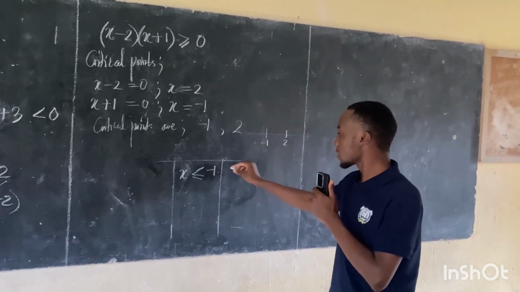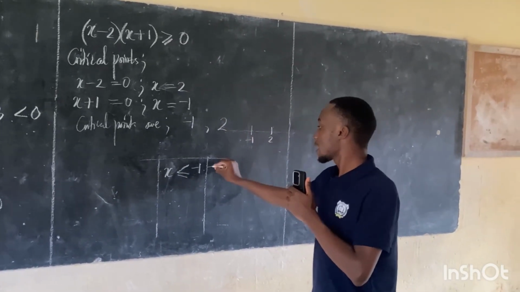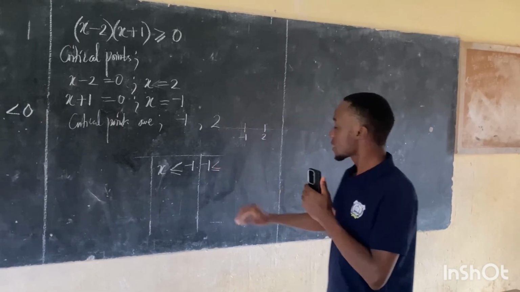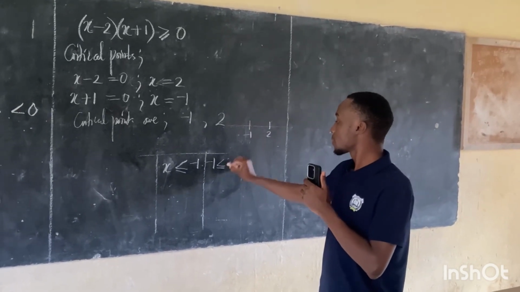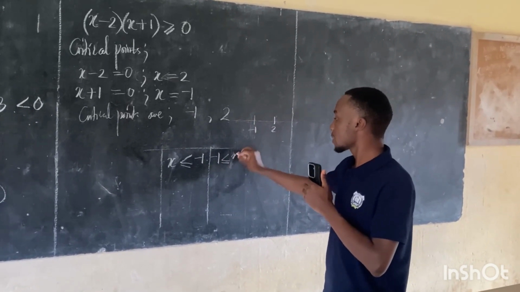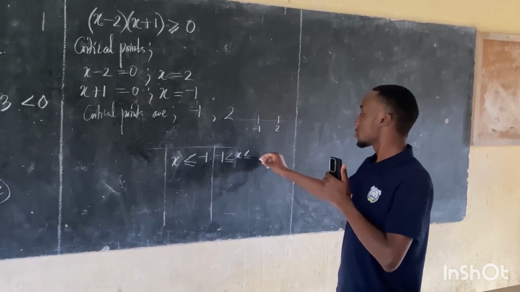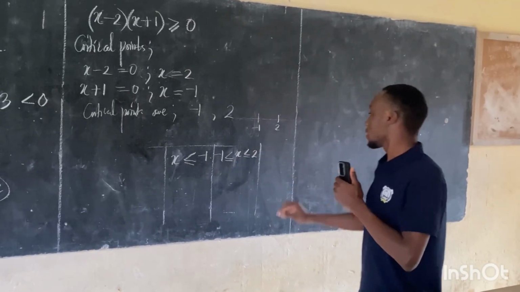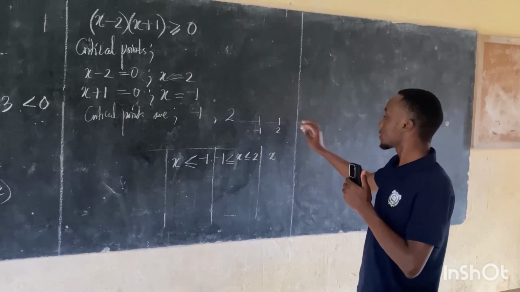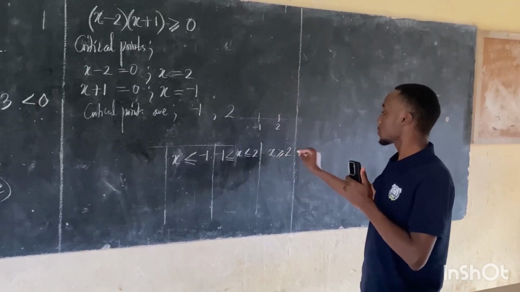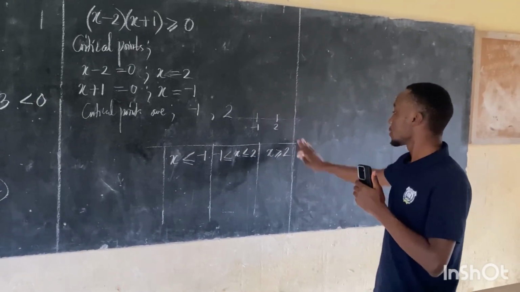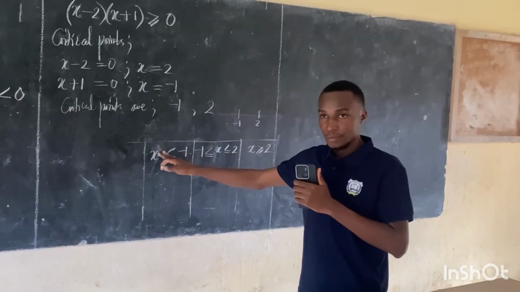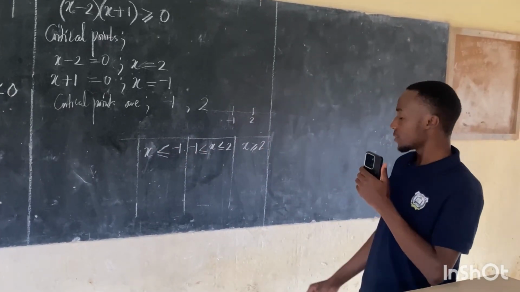Another region in which x is in the middle, in other words, negative 1 is less than or equal to x, which is less than or equal to 2. And finally, x greater than or equal to 2. So these are our 3 regions from which we expect to have a solution.